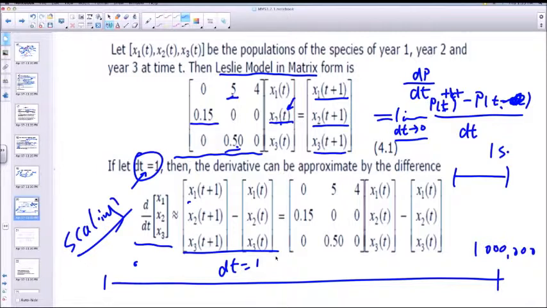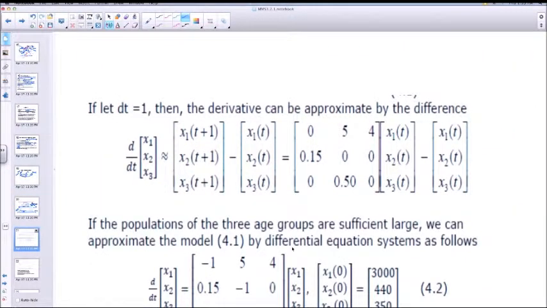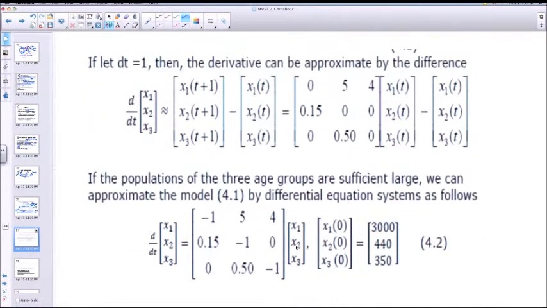The new one can be represented as this Leslie matrix times the old one, and the old one is itself. If you factor out x1, x2, x3, what you get is this matrix. You use the Leslie matrix minus itself. That's when you get the -1. Let me do a little calculation.